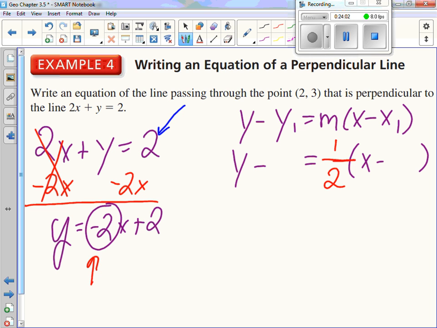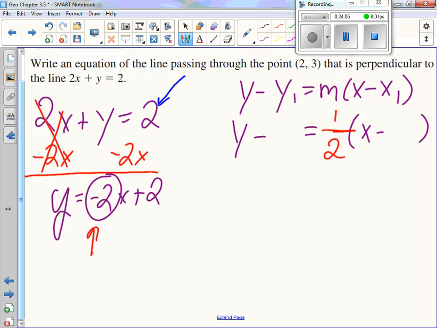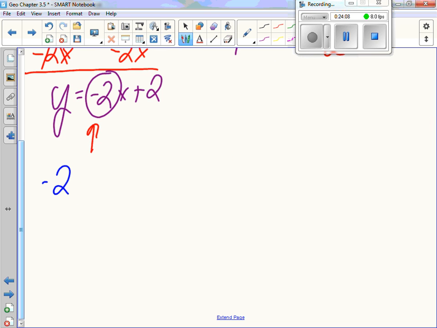Now, if you aren't 100% sure you got the correct slope, what we can always do is check it and do negative 2 times 1/2, what we got. Because this would give me negative 2 over 2, which is negative 1, yes?